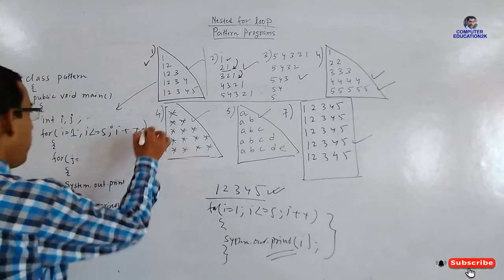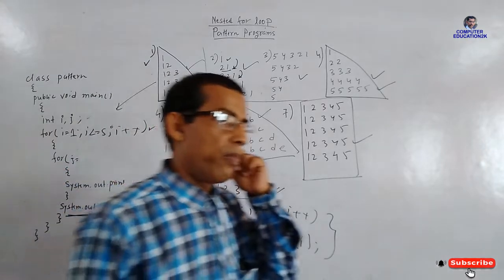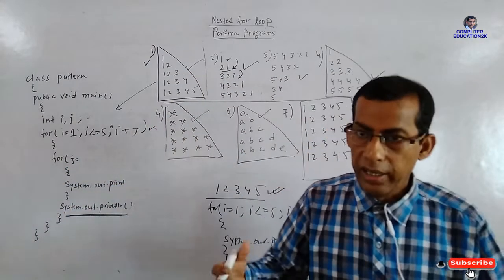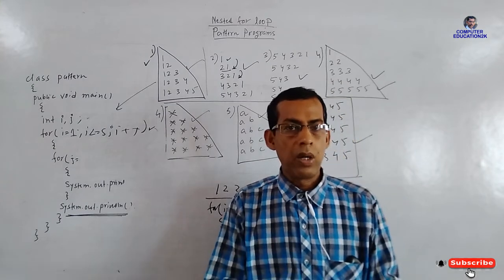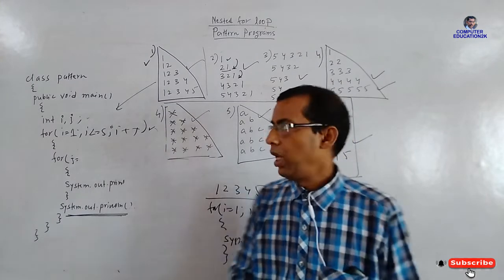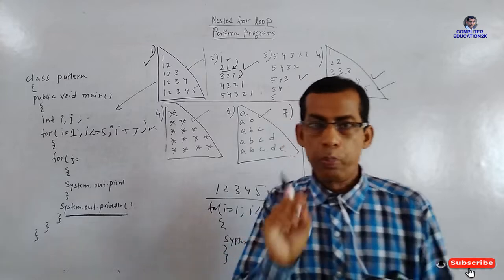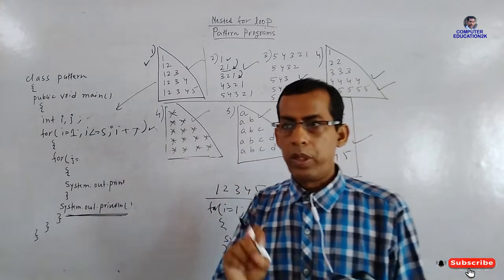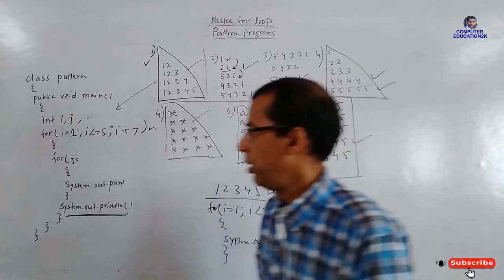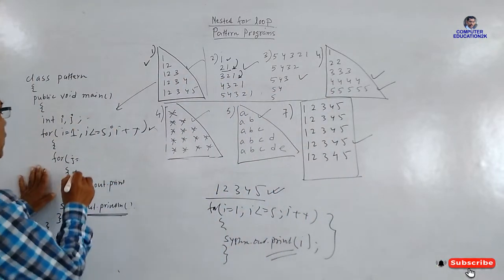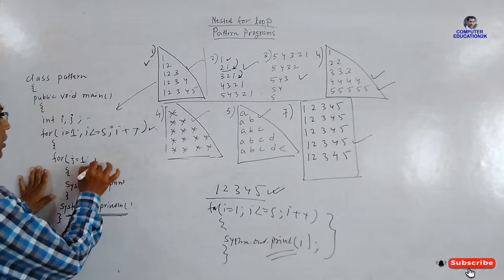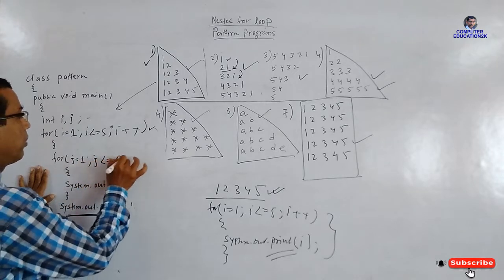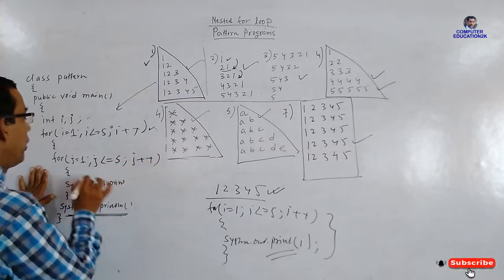The outer loop is used to indicate the number of lines, the number of rows, and the inner loop is used to print the values in those rows. So what value do you have to print? You have to print 1, 2, 3, 4, 5 in each line. That's why you write J equals 1, J less than or equal to 5, J plus plus.